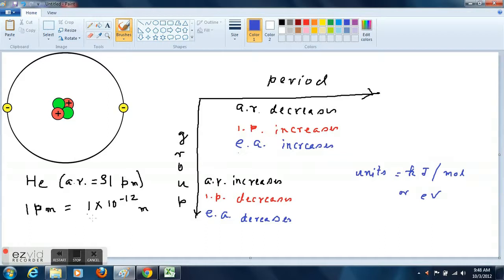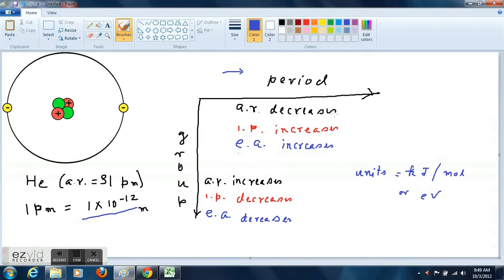As we go along a period from alkali to alkaline earth all the way up to halogen and inert gases, the atomic radius decreases. That means the atom becomes tighter and tighter. That means the attraction between the positively charged nucleus and negatively charged orbiting electrons increases and atomic radius decreases. Ionization potential increases.